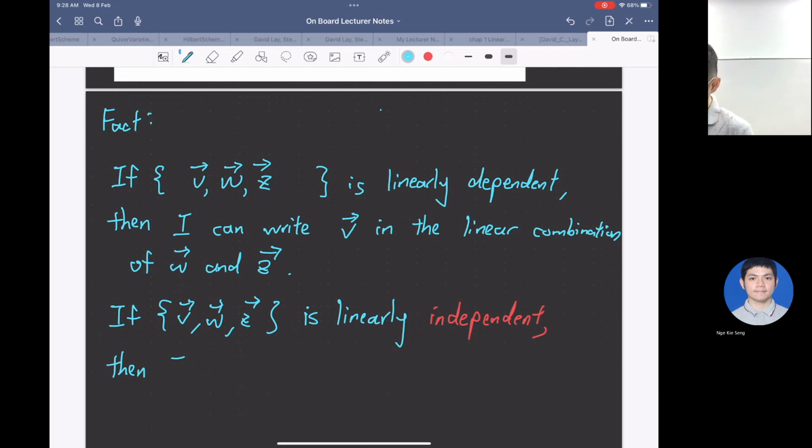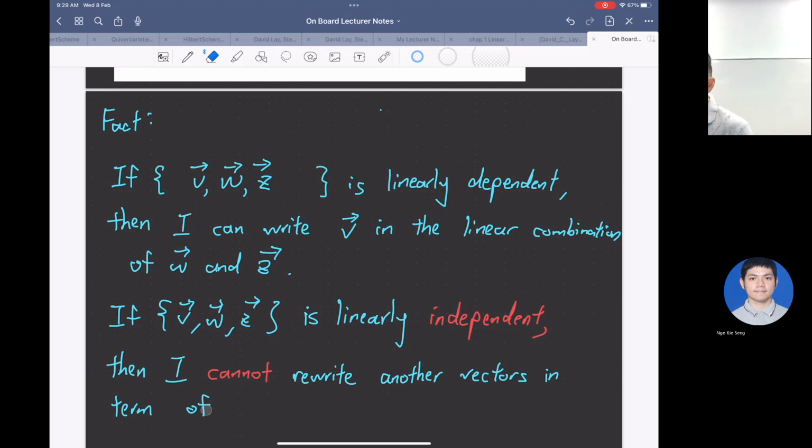then I cannot rewrite any vector in the linear combination of the others.